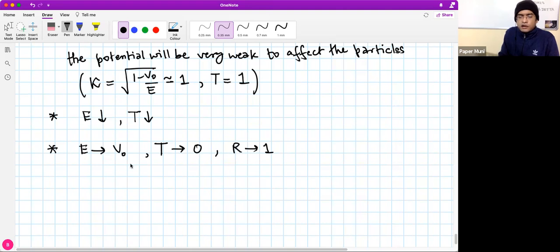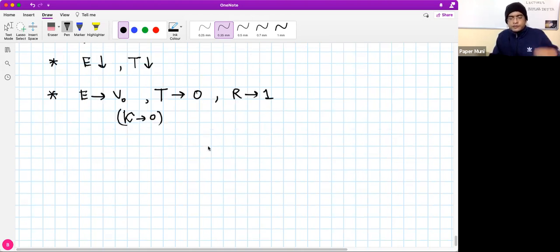If the energy of the beam is very near the potential energy, the reflection coefficient becomes 1 and the transmission coefficient becomes 0. So this is the analysis which we have here.